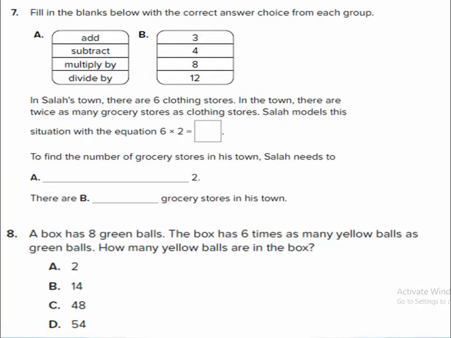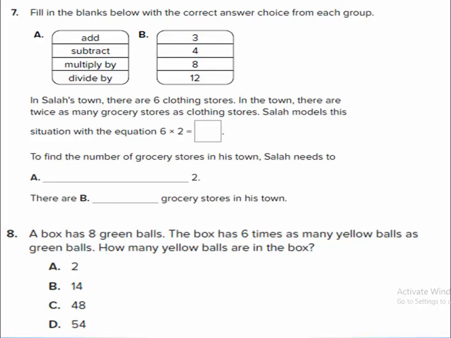Fill in the blanks below with the correct answer. Choice from each group. Okay, here we have the words and here is the number. Let's read the story. In Salah's town, there are 6 clothing stores. In the town, there are twice as many grocery stores as clothing stores.